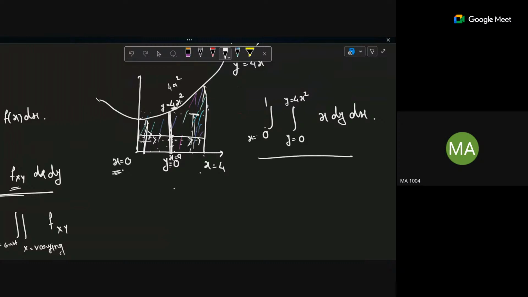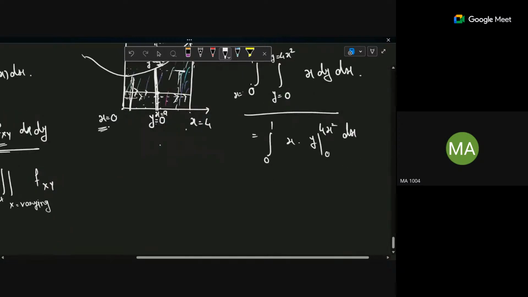What will it give you? This is not a tough task. Once you integrate y from 0 to 4x square, what will you get? It is integral 0 to 1, x outside, and y from 0 to 4x square, dx, right? Because you are integrating with respect to y, so x is constant here, right? Are you getting it? Yes, ma'am.